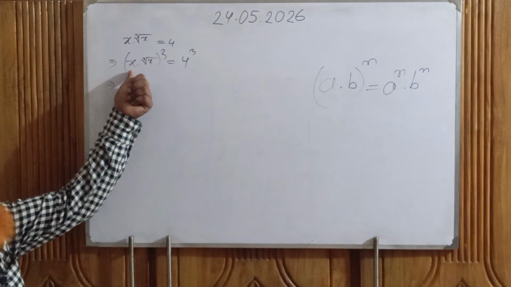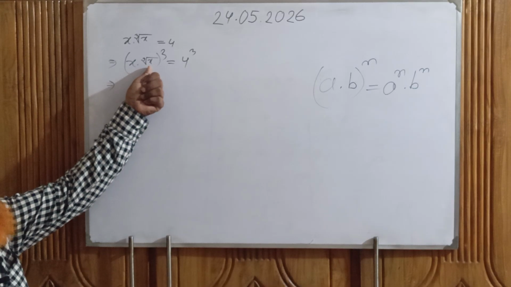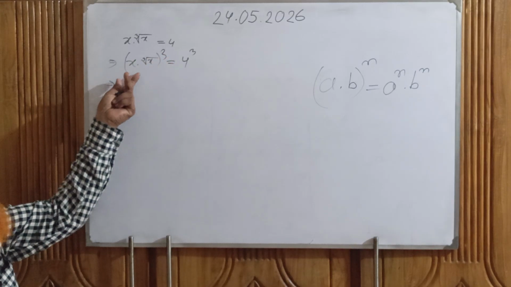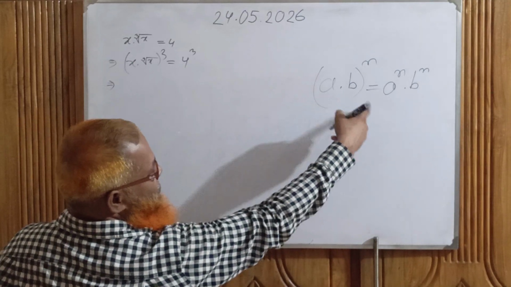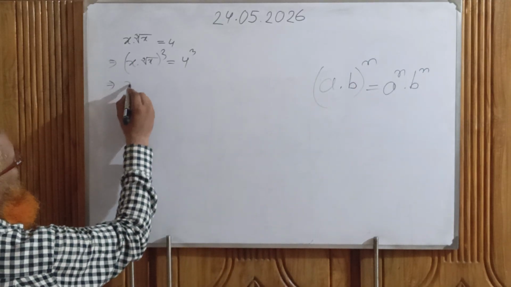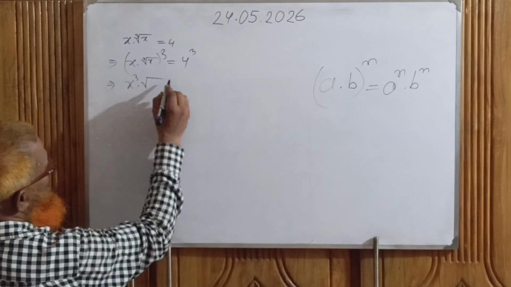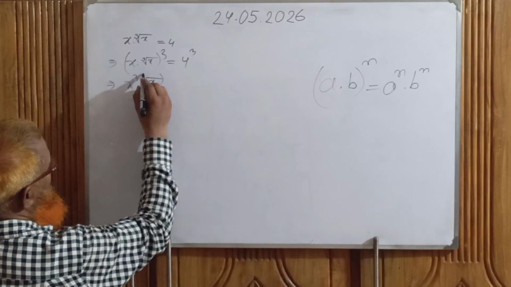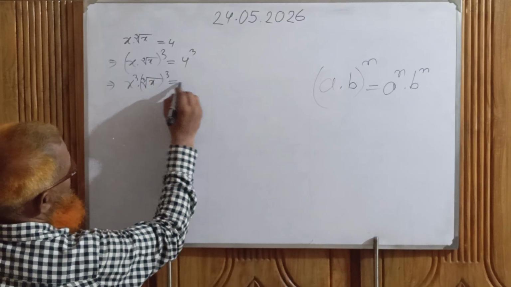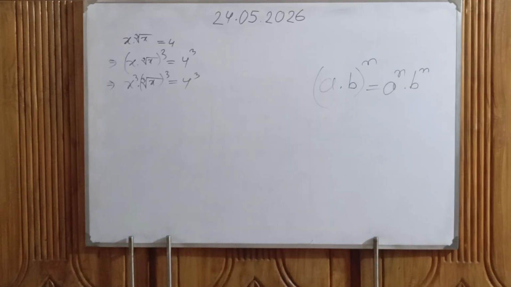So x into the cube root of 3 by x, cubed, according to this rule, gives x cubed, the cube root of 3 by x, cubed, and is equal to 4 cubed.